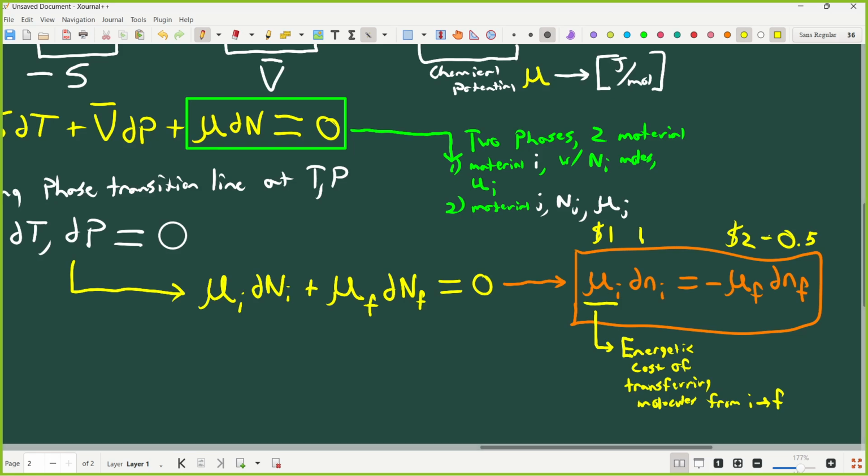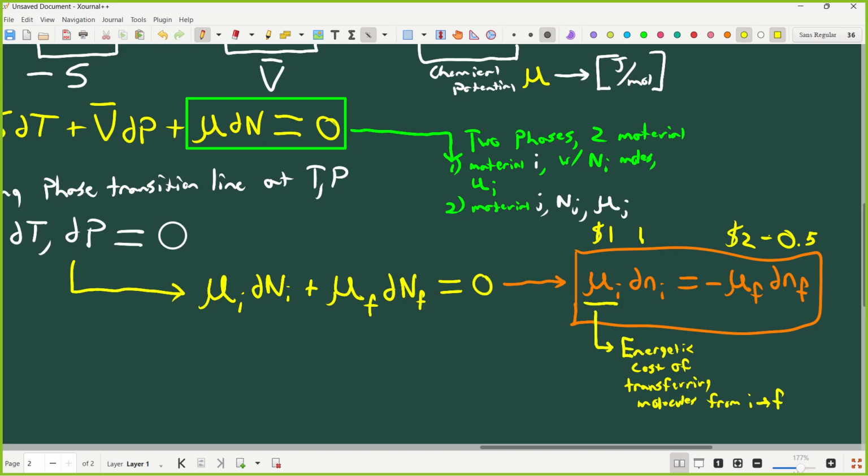So if there's more cost to moving a molecule one side or the other, you have an unequal balance of motion of molecules. You might get more in the liquid than you get in the gas, so it won't be 50-50 necessarily, but rather the distribution of gas molecules to the liquid molecules is based on the ratio of the two chemical potentials, right?